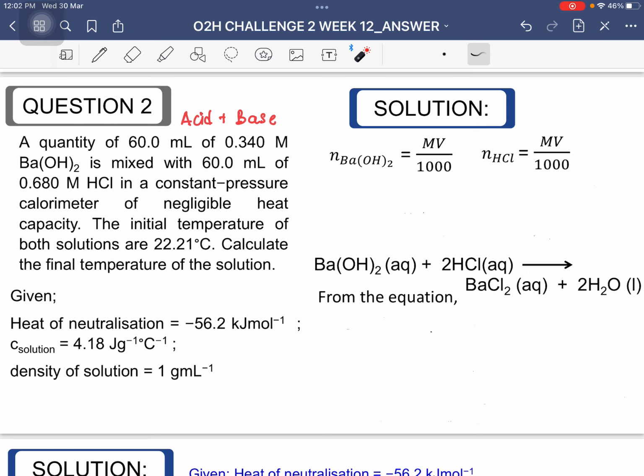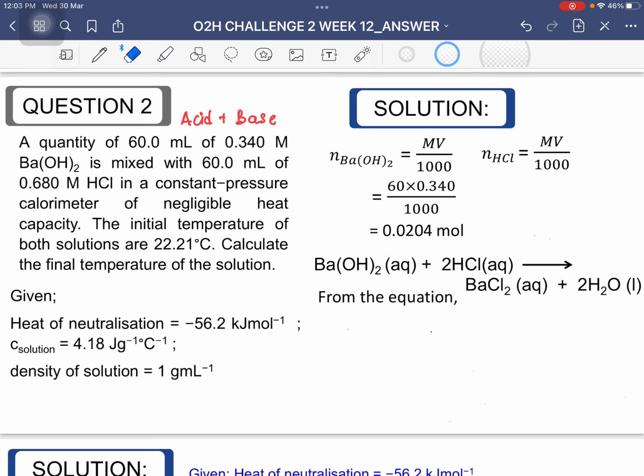Okay, first of all we need to find the number of moles for barium hydroxide and moles of HCl. By using the formula MV over 1000, we can find the moles of barium hydroxide.